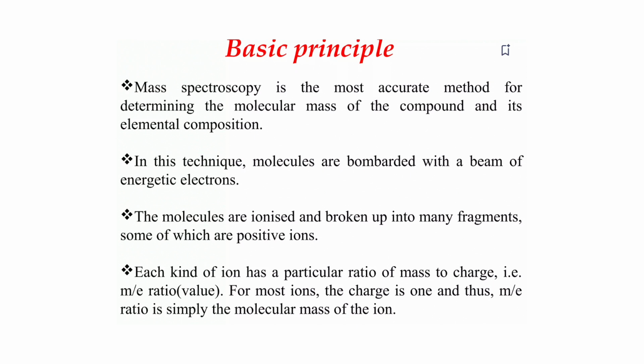In this technique, molecules are bombarded with a beam of energetic electrons, and the molecules are ionized and broken up into fragments, and some of them are positive ions. Each kind of ion has a particular ratio of mass to charge, that is the m/e ratio, and for most ions the charge is 1, and thus the m/e ratio is simply the molecular mass of the ion.